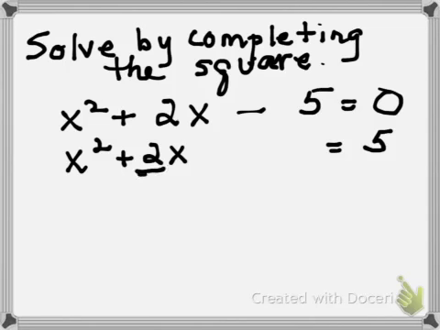So 1/2 of 2 is 1. Square it and add it to both sides of the equation. Let me repeat that. Take 1/2 the coefficient of the linear term, square it, and add it to both sides of the equation. So I'm going to add 1 to each side of the equation.